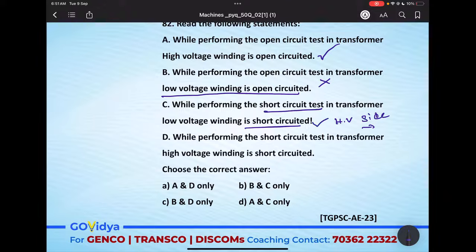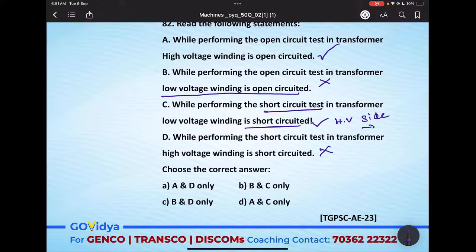Option D says that while performing the short circuit test in a transformer, the high voltage winding is short circuited. No, this is not correct. Why? Because if you short circuit the high voltage side, the LV side has to be connected to the source. The LV winding voltage will be less and current will be high.